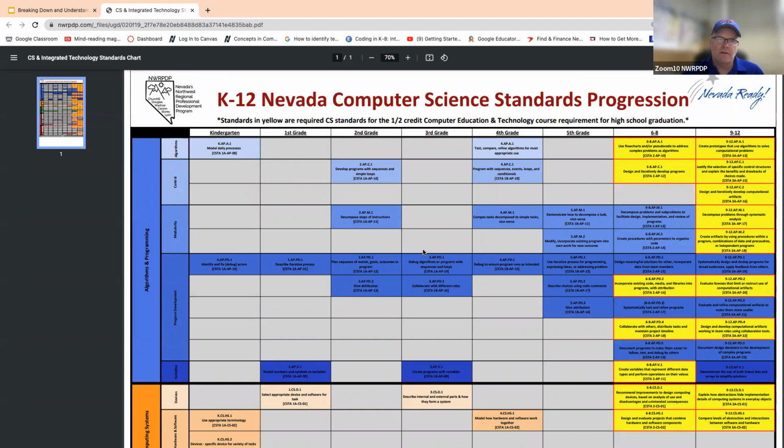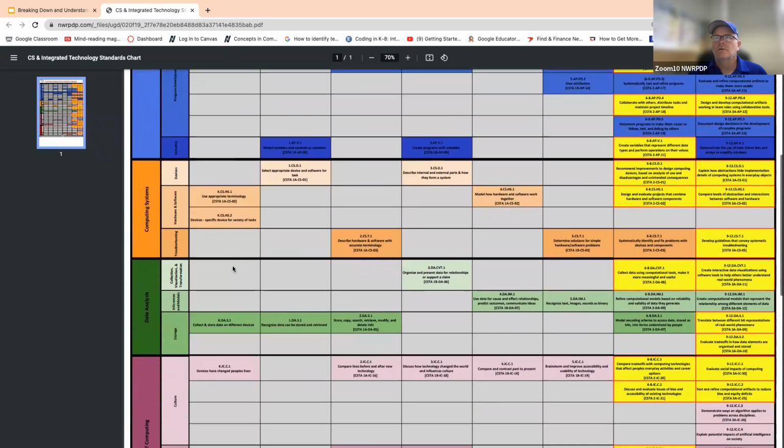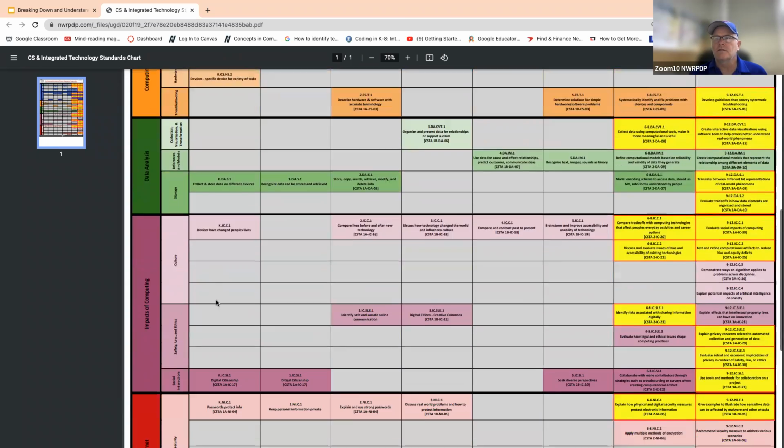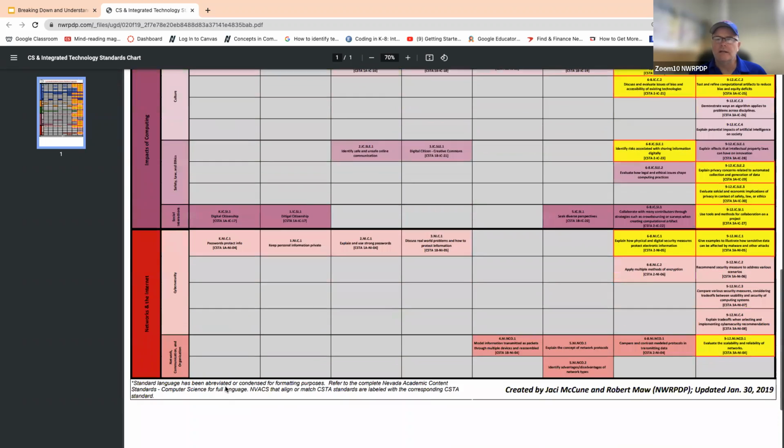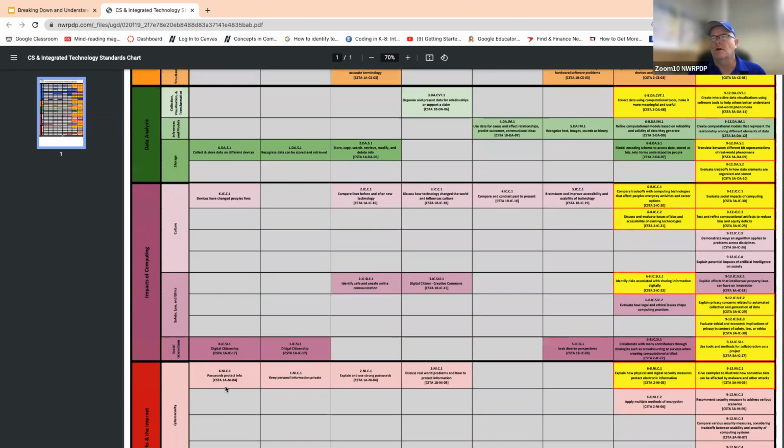What you'll notice the state of Nevada did, and some states are different, that depends on how they chose to do it. The state of Nevada decided to break out each of the grade levels, so kindergarten through 5th grade. And so if you're a kindergarten teacher, you can see that you have 8 standards that you need to teach in kindergarten.